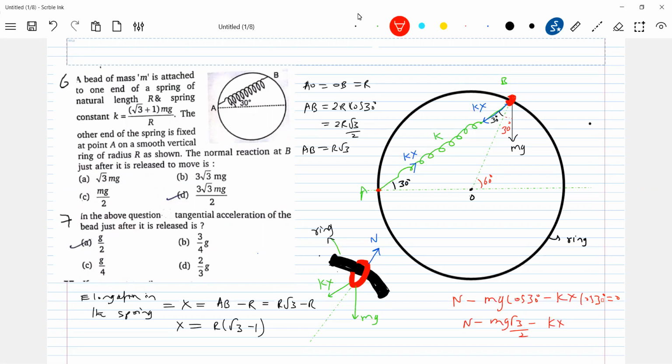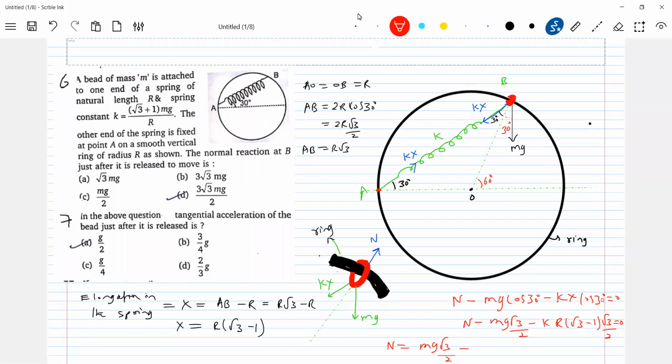Kx, the value of x is how much? R. Solving this, we will get N equal to mg root 3 by 2 minus kR.